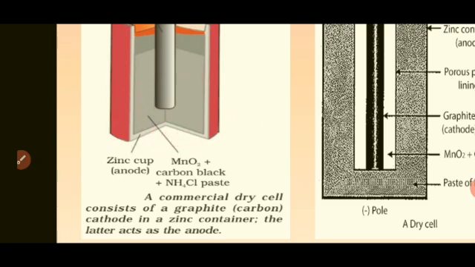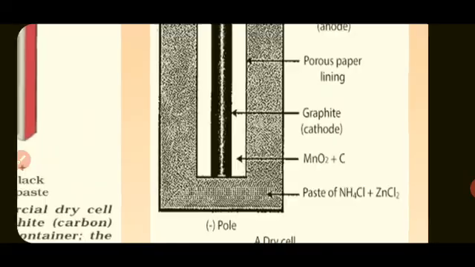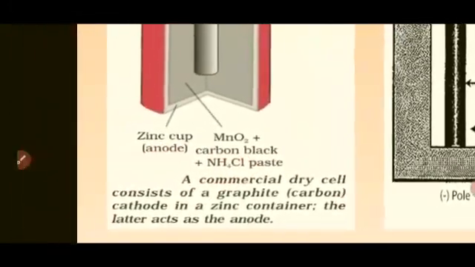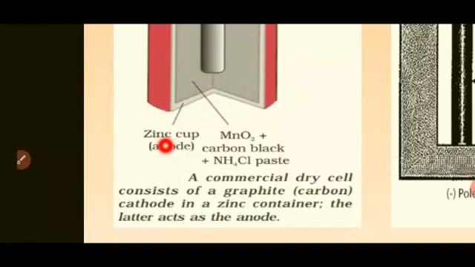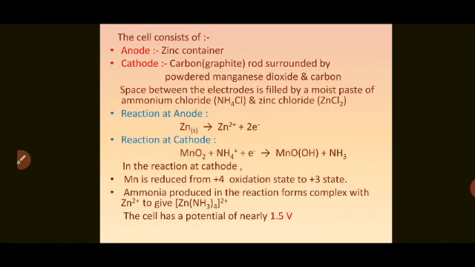Here is the detailed diagram. You can go through the diagram, and in the textbook this diagram is given. Now let us see the next. The cell consists of anode, that is the zinc container, so the outer body of this cell acts as anode.